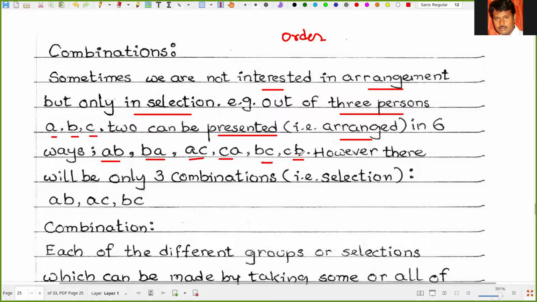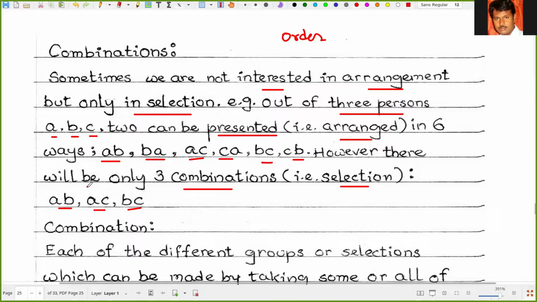However, if we choose AB and BA only as the selection of A and B, then the term combination comes. That means the selection is only there. There will be only three combinations, that is AB, BC and AC.